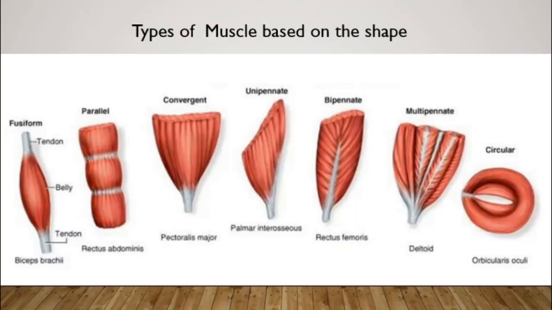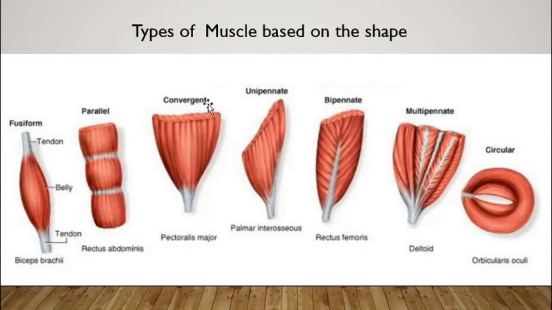Now, muscles are also named based on shape, and there are several shapes of muscle in higher vertebrates. We have the fusiform type, like in the biceps brachii. We have the parallel type, found in the rectus abdominis.